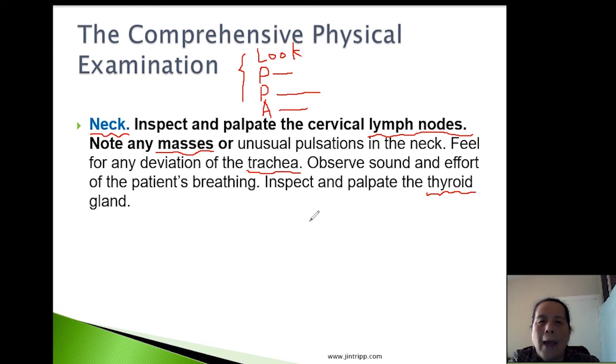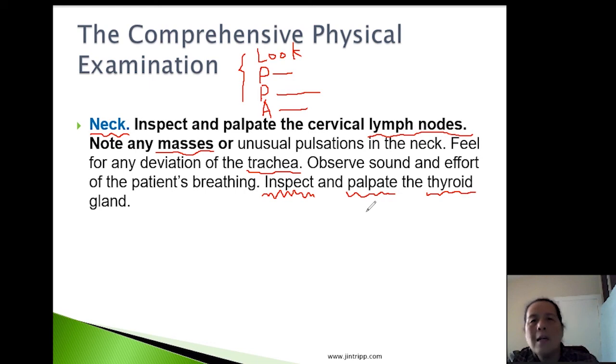In the neck part, we may only have inspection, meaning looking, and palpation.